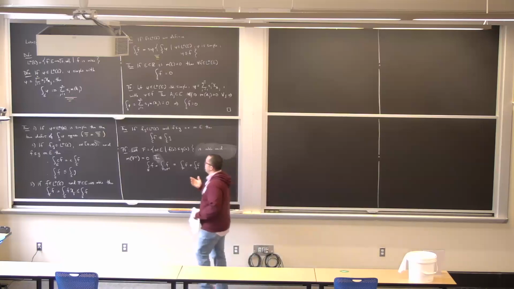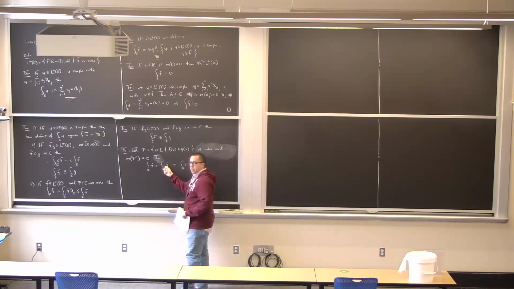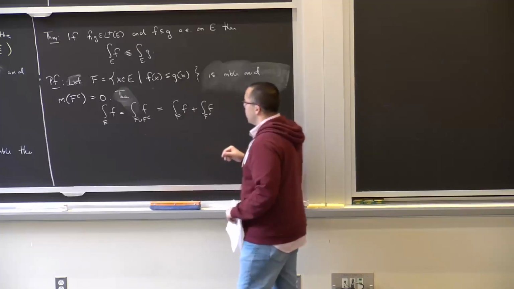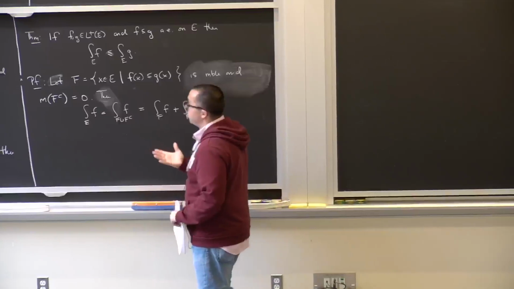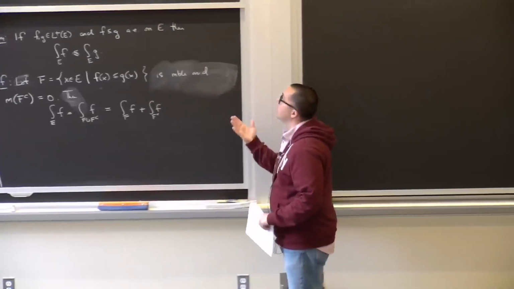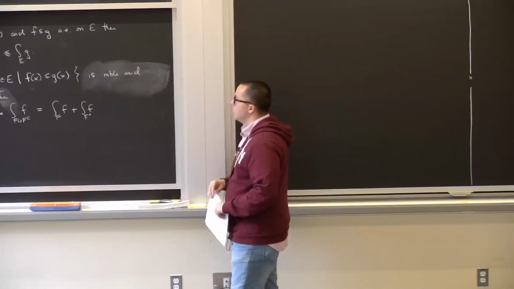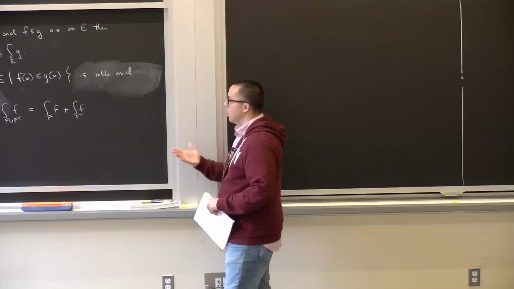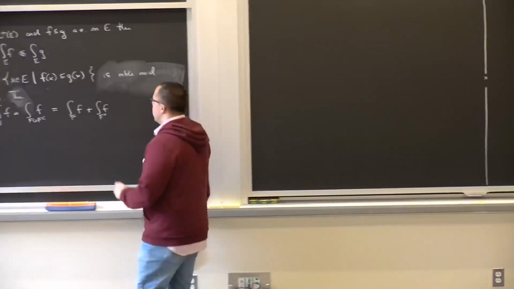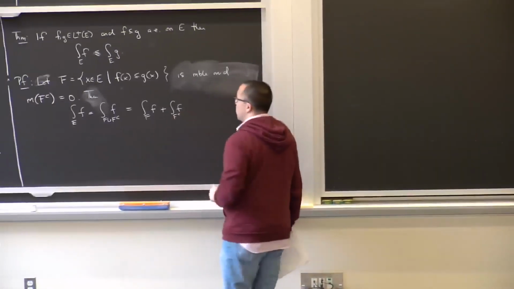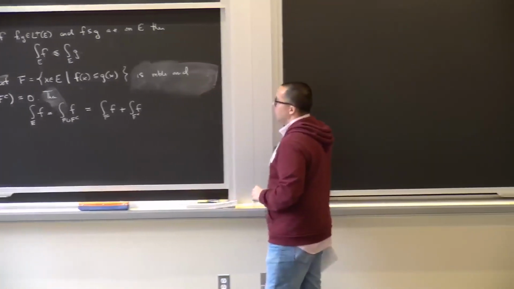So if I make this statement and assume f is simple, then it's not hard to convince yourself that this is true. And if it's true for simple functions, then from how we've defined the integral as this sup, it will carry over to general non-negative measurable functions. So let's just accept this, and you can prove it on your own.